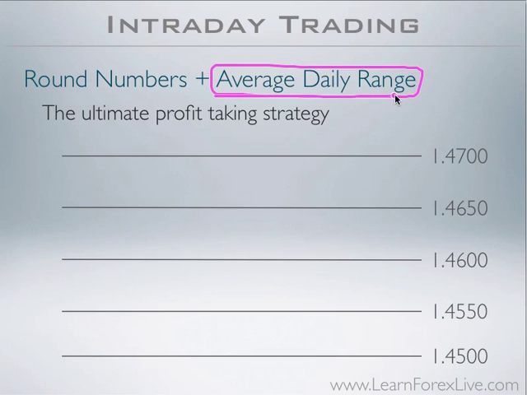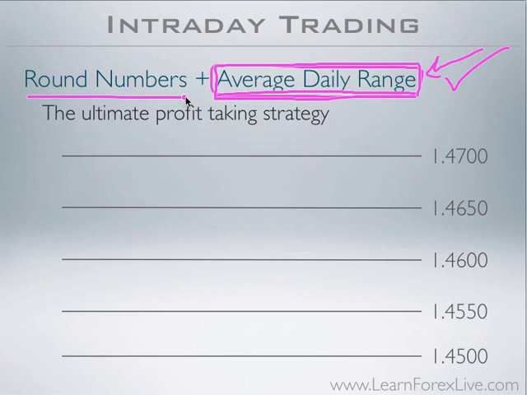The average daily range keeps track of statistical moves, so by setting our final profit-taking level just before hitting the average daily range, we make sure that we are always trading within what's statistically possible. We are putting the odds in our favor.